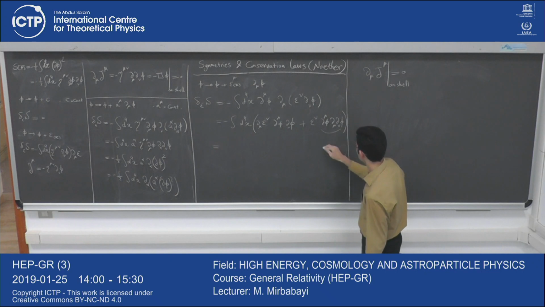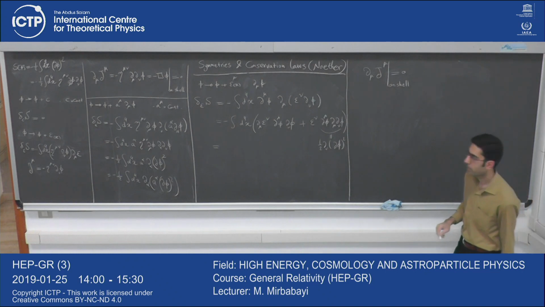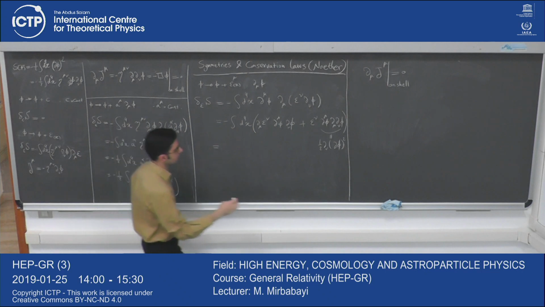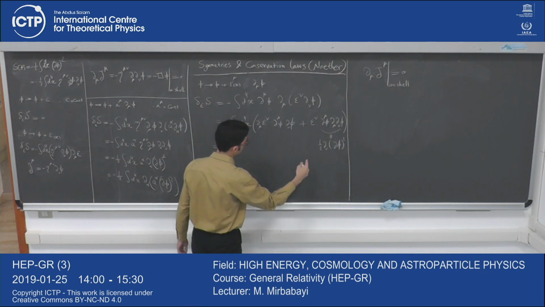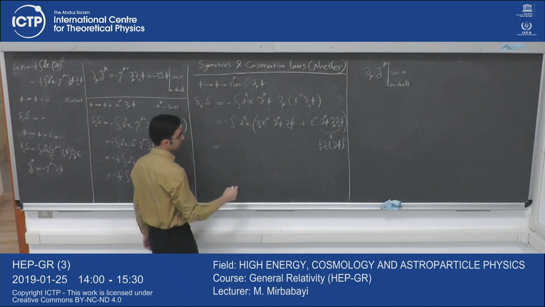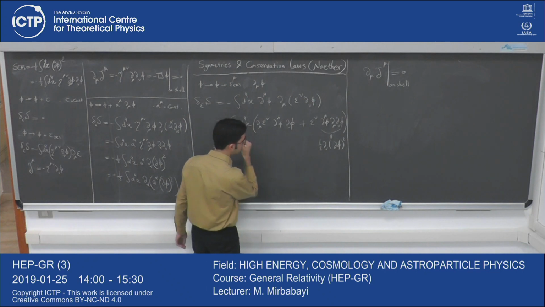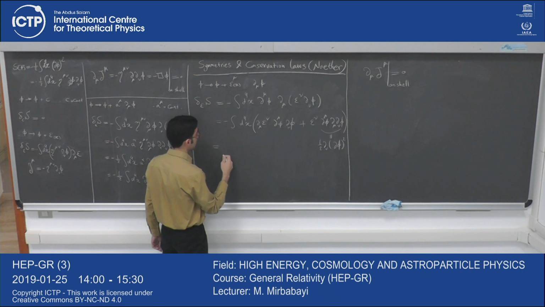Now this term can be written as 1/2 d mu of d phi squared. Therefore, I can write this whole thing as a total derivative plus this d mu acting on epsilon nu. Sorry, minus.